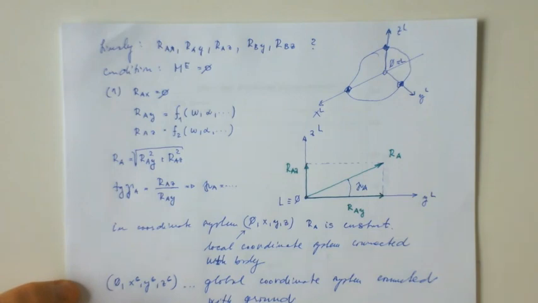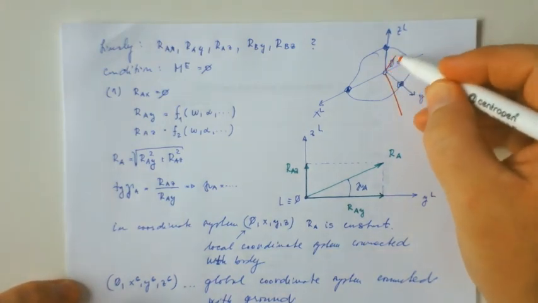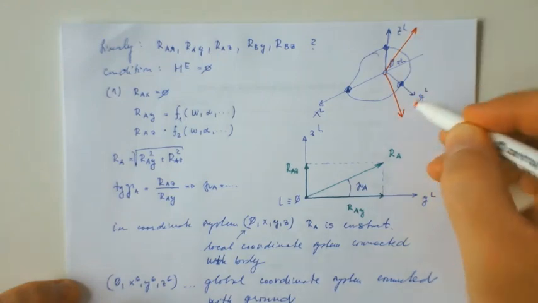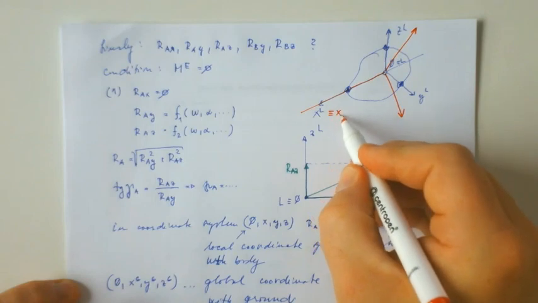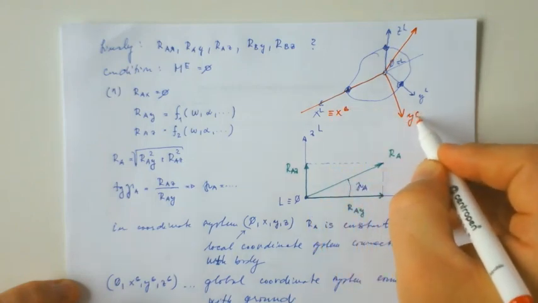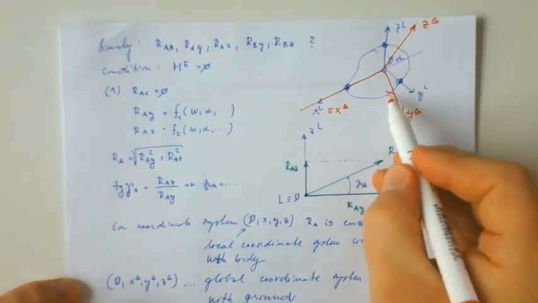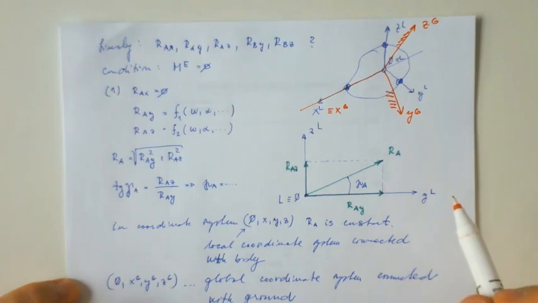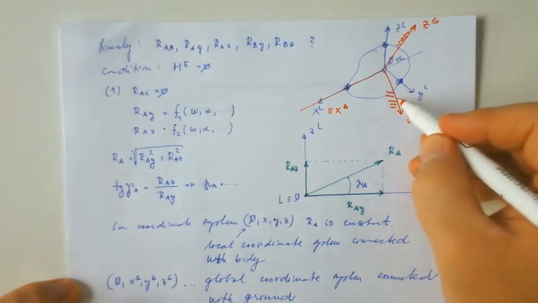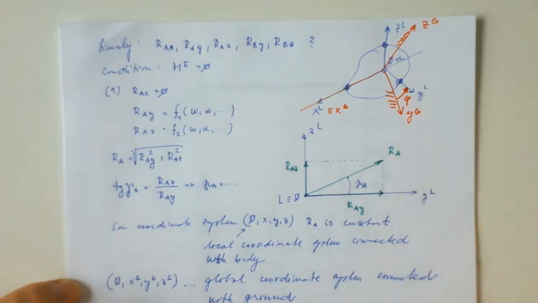So I can denote it like this. There will be some global coordinate system connected with ground, and regarding this coordinate system, the local coordinate system is rotating.